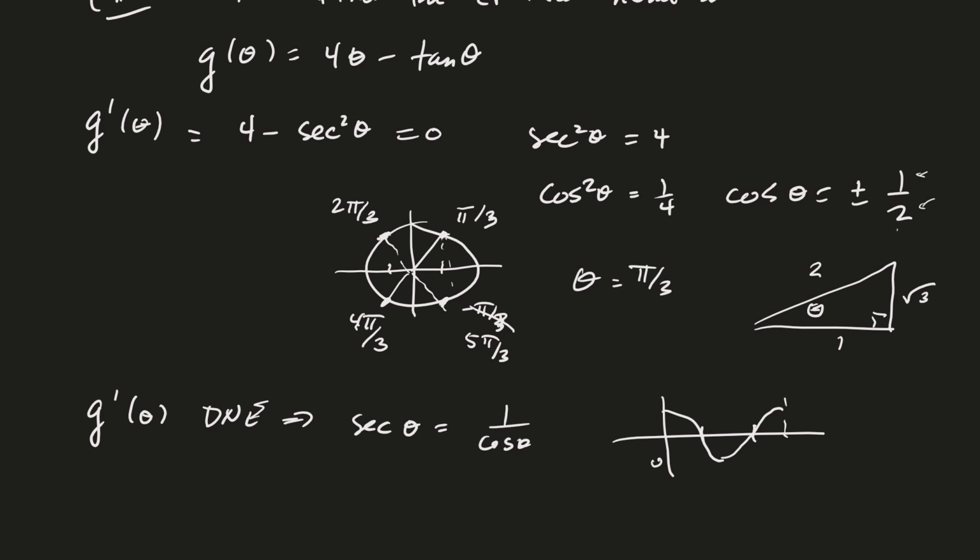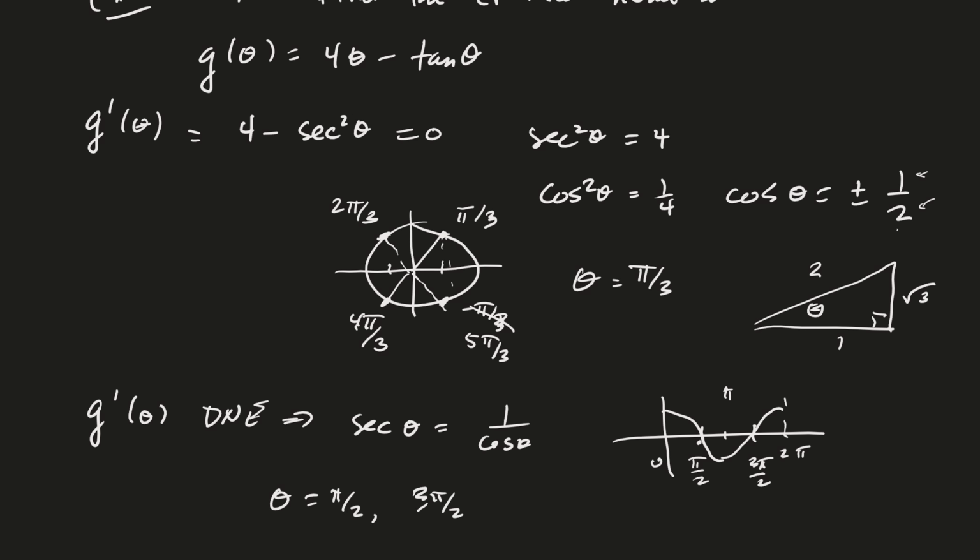Between 0 and 2 pi, this would be pi over 2 and this would be 3 pi over 2. So theta equals pi over 2 and 3 pi over 2.